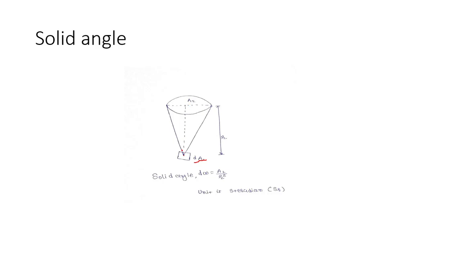The distance between the two areas, A2 and A1, is r. This is the A2 area. Now the d omega, or solid angle of this cone, is A2 upon r square. A2 is the area of the second surface, and r is the distance between these two areas.